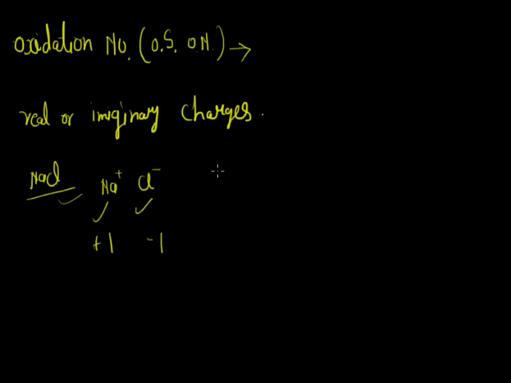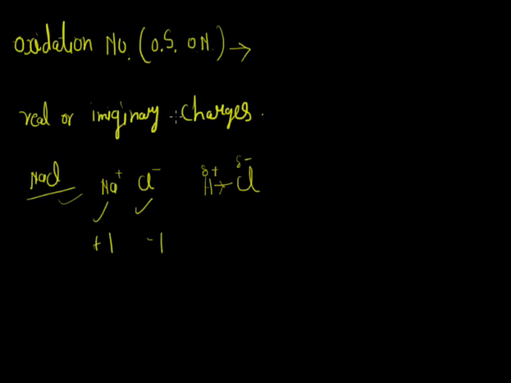But if we take the example of a covalent compound like HCl, in this example there are no real charges, but as we all know, the EN of Cl is higher than H. Therefore, the two bonded electrons are shifted more towards Cl. So in that case, Cl has a partial negative charge and hydrogen has a partial positive charge.